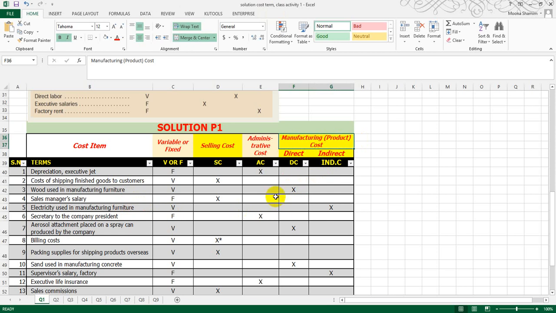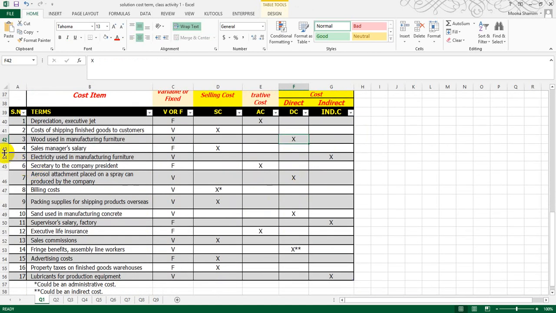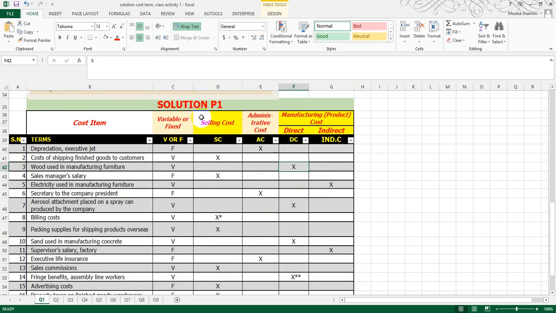Manufacturing, product and inventoriable cost are the same, so we will treat it as a direct cost. Now fourth one is sales manager salary. Salary is fixed, we know that very well, and because it is related to the salesperson, we will treat it as a selling cost.